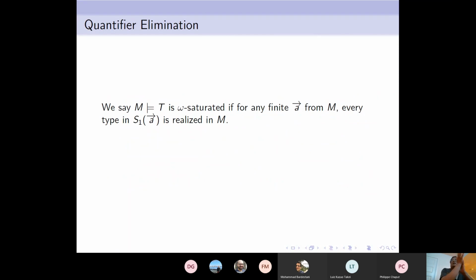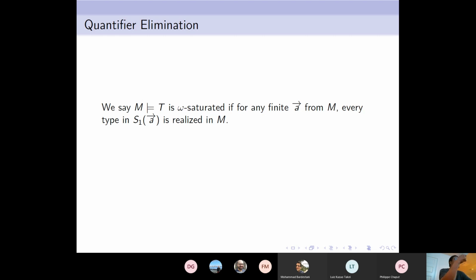Now we say this model M is omega saturated. Omega saturated means that for any finite vector A in M, and for every type in S1A, this type is realized in M. That means for every type, we can always find an element in M that satisfies all sentences in the type.